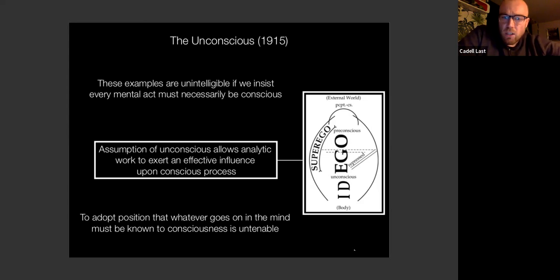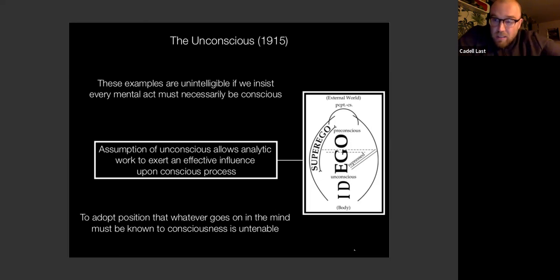The assumption of the unconscious allows analytic work, most importantly, and Freud takes this as really the core of his argument for assuming the unconscious: that it exerts an effective influence upon conscious processes, and that analytic work can make use of this, and that there can be significant progress in understanding why someone is struggling with a certain symptom, or a certain motivational affect or obsession.